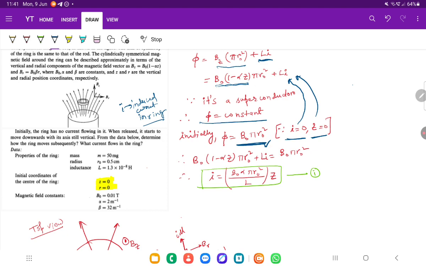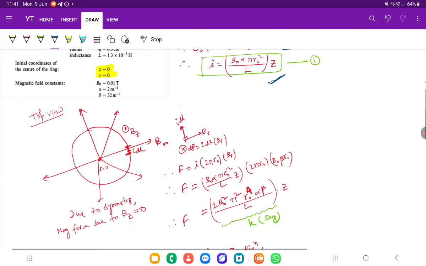I've equated this initial value of magnetic flux with the flux value at any instant as a function of Z. From there we'll easily get the induced current. This is the expression for induced current. It is directly proportional to Z, so it will vary as Z varies. We'll use this relation later on.